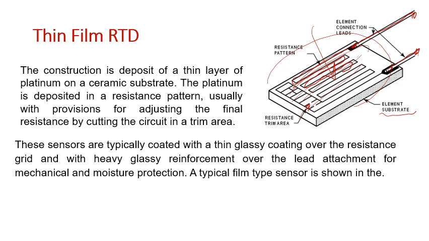So that's how we get the construction of this type of RTD. There are actually a variety of techniques used, but I selected these two, which are the wound type and the thin film type. We call it thin film type because we deposit the platinum on this surface.